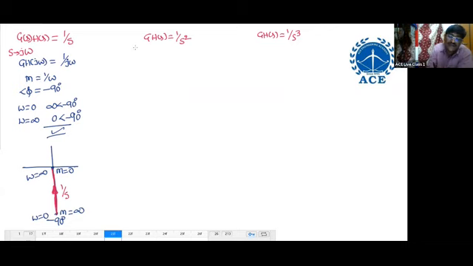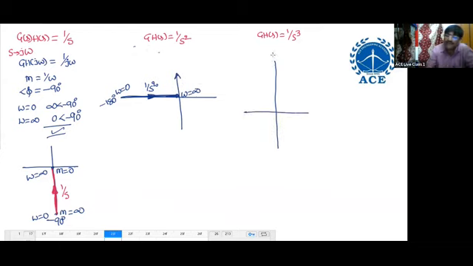Next, do it for 1 by S square. Directly I will draw it: 1 by S square is minus 180 degrees, simply a minus 180 degrees line. But the direction of the plot is into the origin. So this is minus 180, omega 0 to omega infinity. 1 by S cube is minus 270.